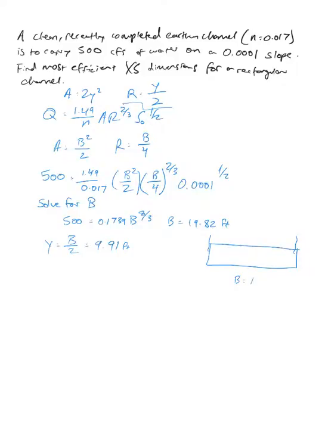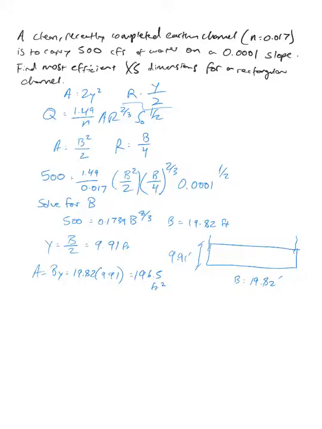B equals 19.82, and our y is 9.91 feet. Thus, our cross-sectional area winds up being B times y, 19.82 times 9.91, or 196.5 feet squared.